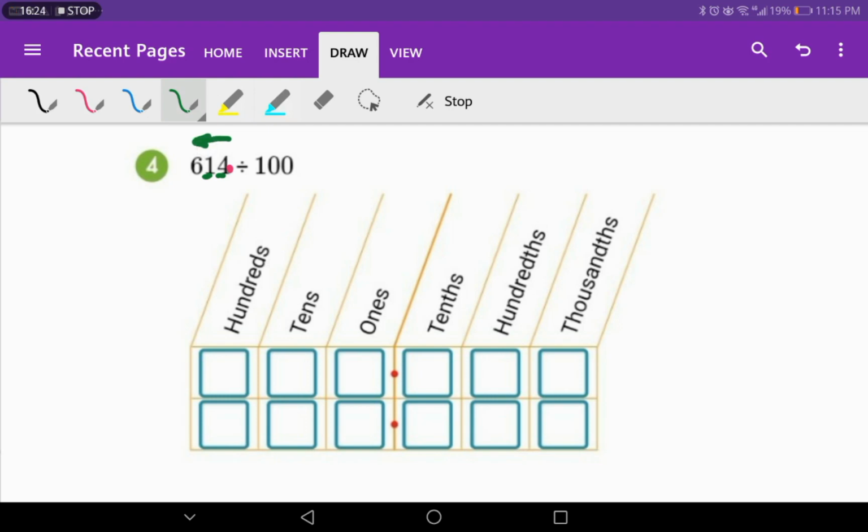So the number before, my dear student, was 614, and the rest is zeros. After I divide, it will be very small. It will be 6 and 14 hundredths.